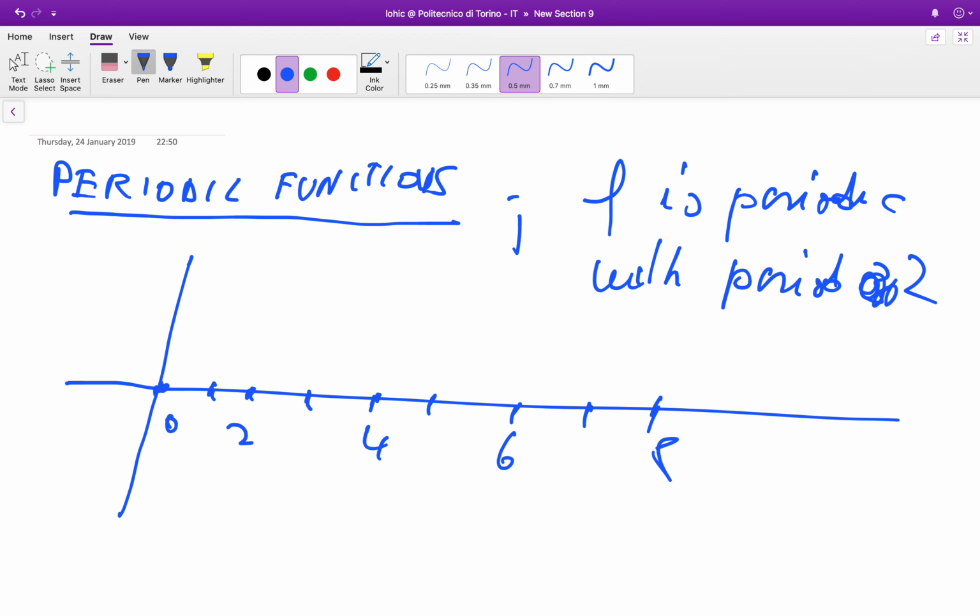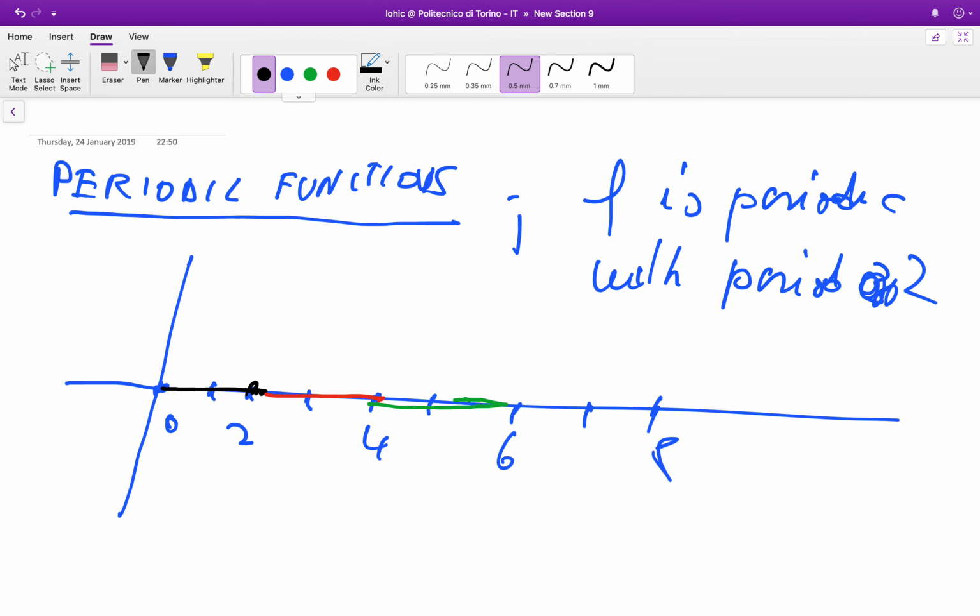So how many periods do I have here? This will be the first period because it's length 2, yes or not? Then the second period will be this one, then the third period will be this one, and the last one.